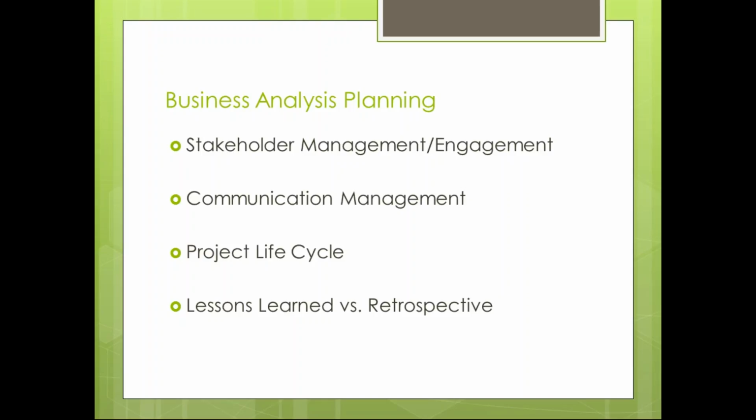For any scenario you get, you need to understand what kind of project life cycle is being used, so that you can answer your questions accordingly, because sometimes there are certain terminologies like product owner. So you need to understand if it is adaptive or not. Based on that you need to select your answers, because if you don't assess that, your answer might go wrong, as it might be an agile environment and you end up answering something generic, or vice versa. Also lessons learned and retrospective.